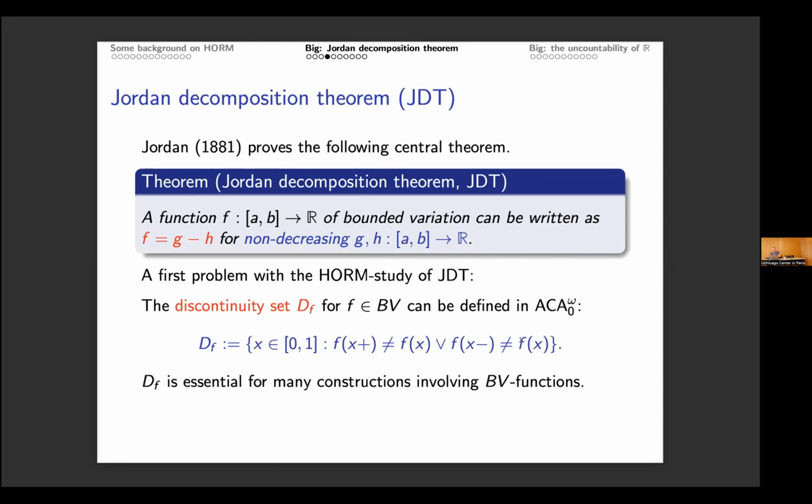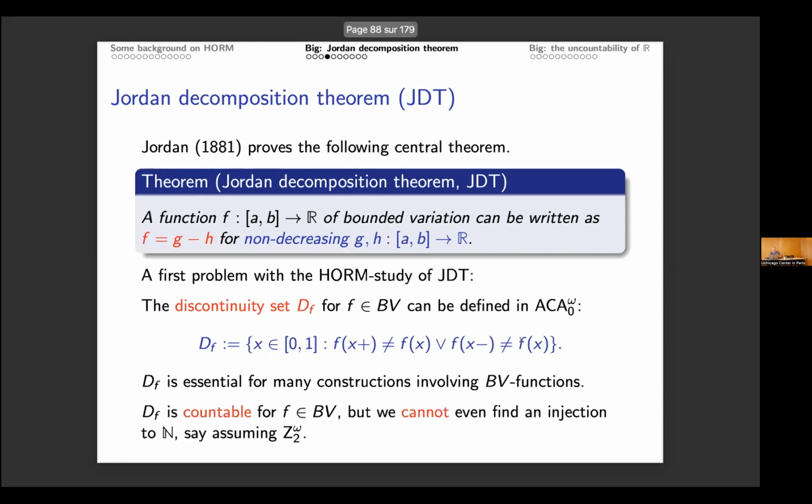But you can't do anything with it. It is countable, but you can't find an injection. So sure, this set is countable, but let's get an injection. Nope. There is no way in hell you can define an injection, even if you assume Z2 little omega. So you can't say anything about this set, and all the proofs from real analysis don't go through.